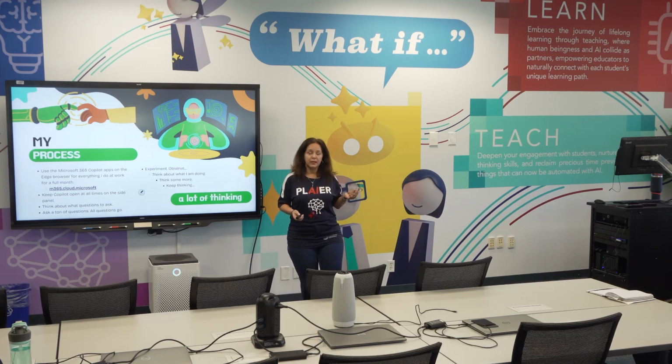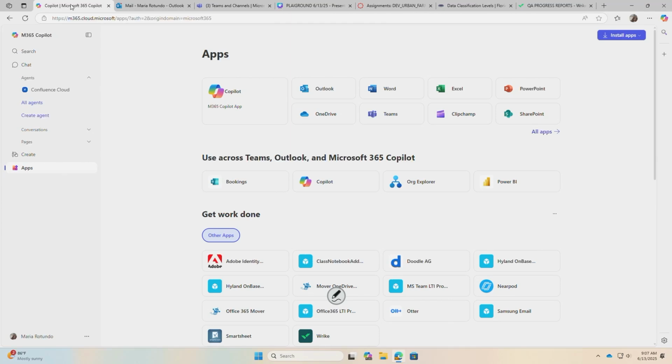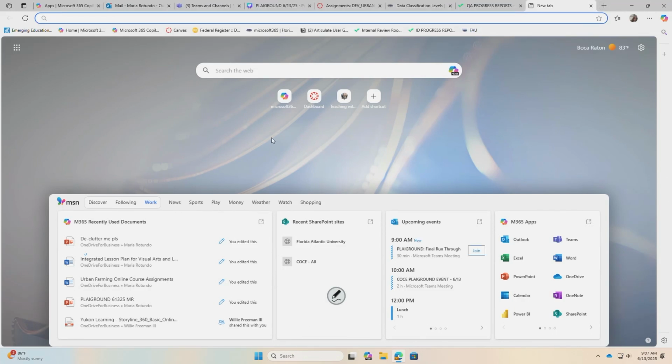So let me show you what it looks like, and then we'll talk a little bit more about my process. You go to the main page for the Microsoft interface, and we are going to share that URL on the chat, so you have it with you. Once you're there, it'll look something like this. Or you can actually access your apps through the Edge browser, so you have them also right here.